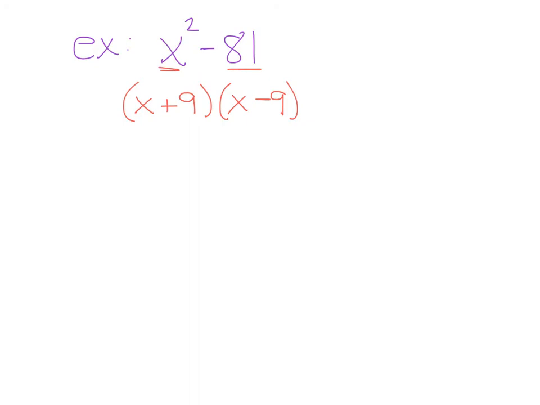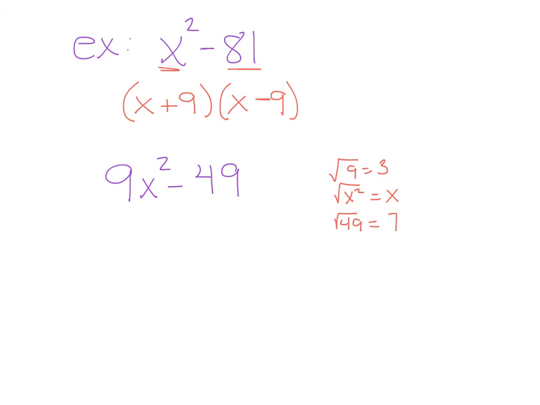Let's look at another one: 9x squared minus 49. We're changing this up a little bit. You have to think, the square root of 9 is 3, the square root of x squared is x, and the square root of 49 is 7.